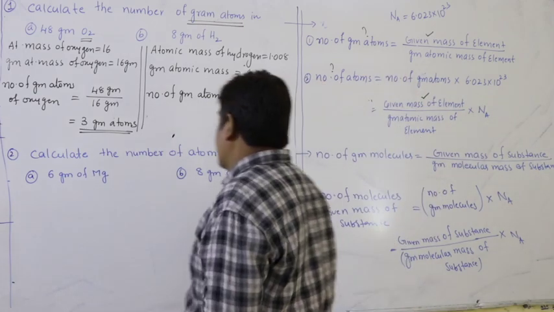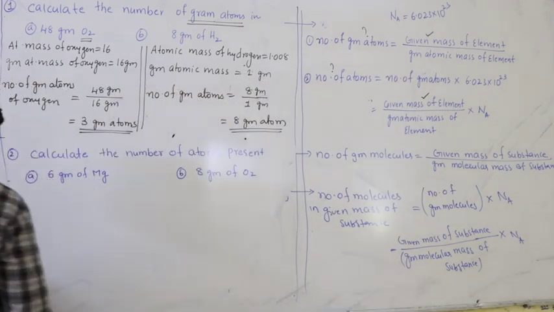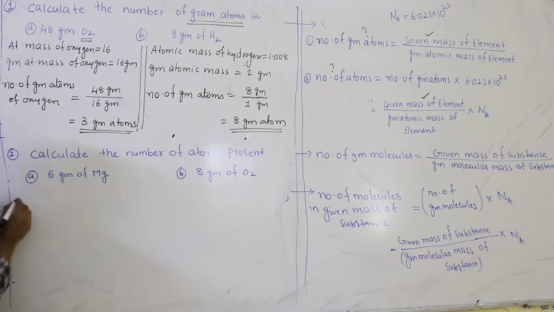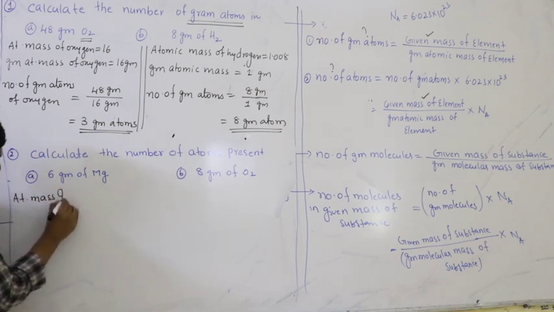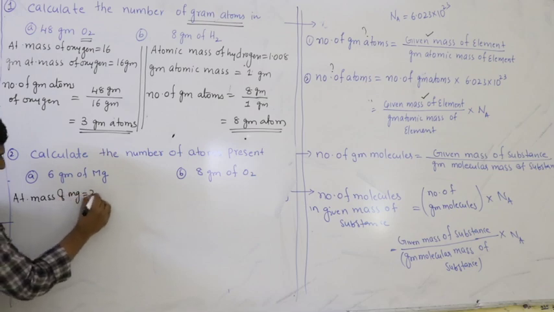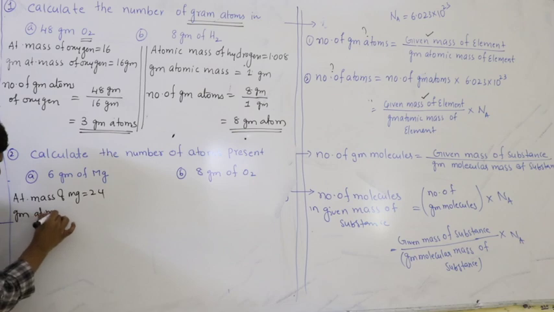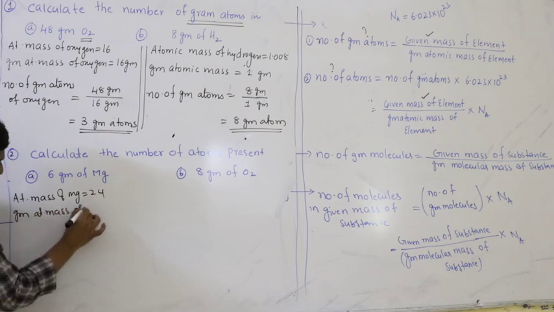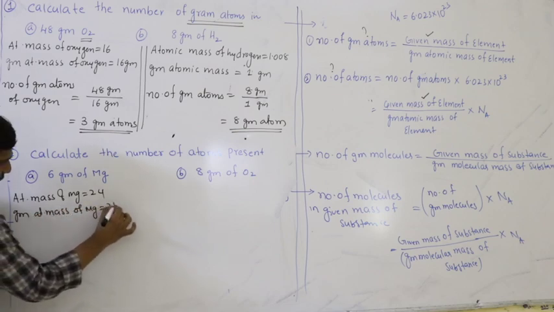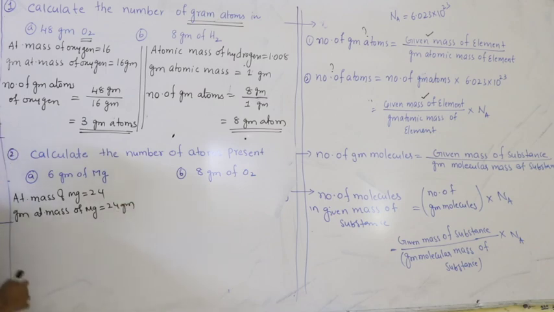Given mass is 6. What is the gram atomic mass? Atomic mass of magnesium is 24 AMU. Gram atomic mass of magnesium is 24 grams.